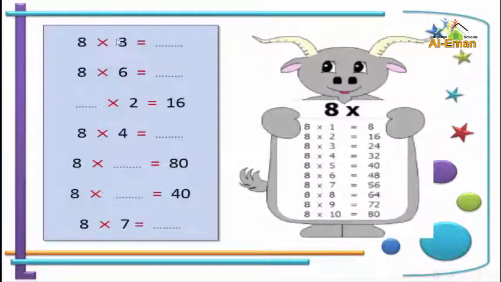Solve with me. 8 times 3 equal 24. 8 times 6 equal 48. Which number times 2?